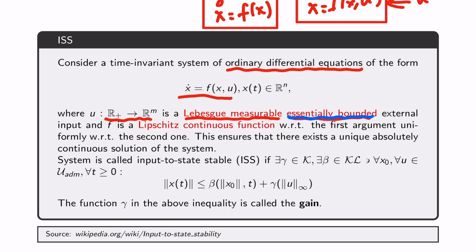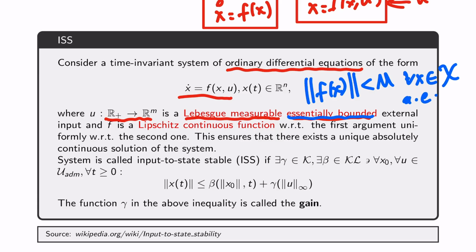So essentially bounded means f of x is bounded for all x in sets almost everywhere, a.e. What does that mean?